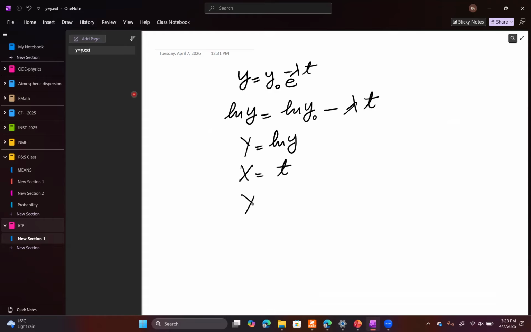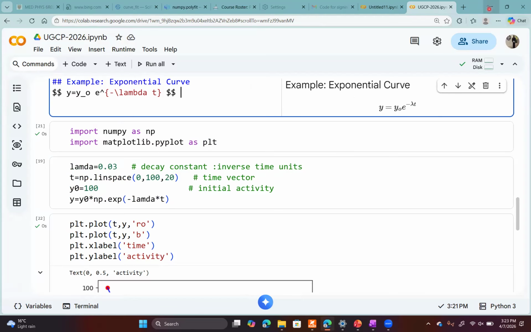So I can write the equation of a straight line as y equals mx plus c, where with these equivalences, the m or the slope value will turn out to be minus lambda, and the constant c will be equal to log of y naught. So with these transformations, I can proceed to implement the least square fitting.